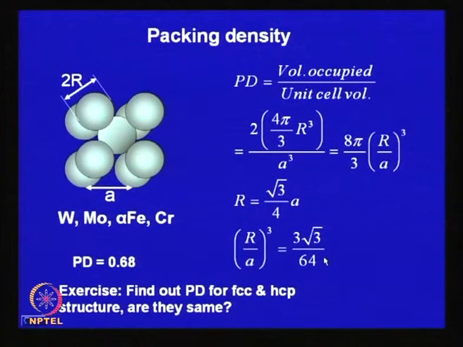It will be worthwhile to look at this atomic packing in a little more detail. Suppose we try to find out what is the packing density, because as you can see here, if we assume these atoms to be made up of hard balls, and these hard balls in case of a BCC structure touch each other along the diagonal of the cube.